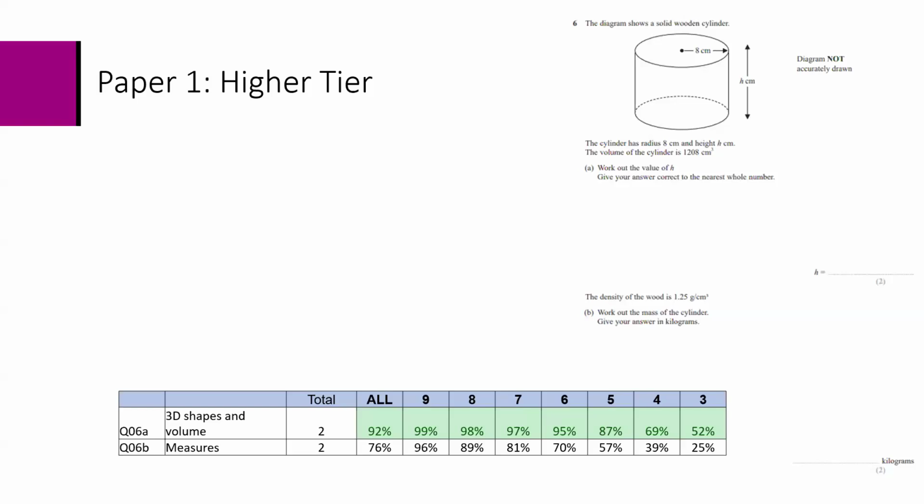They did say that there was an incorrect formula used for volume. Sometimes students were using the formula of a cone. The formula for a cylinder is actually on the front of the formula sheet. So my question for you is, how often do you remind students about that formula sheet at the front? We had it last year: there was a sphere question where students were writing r squared instead of r cubed as the power.